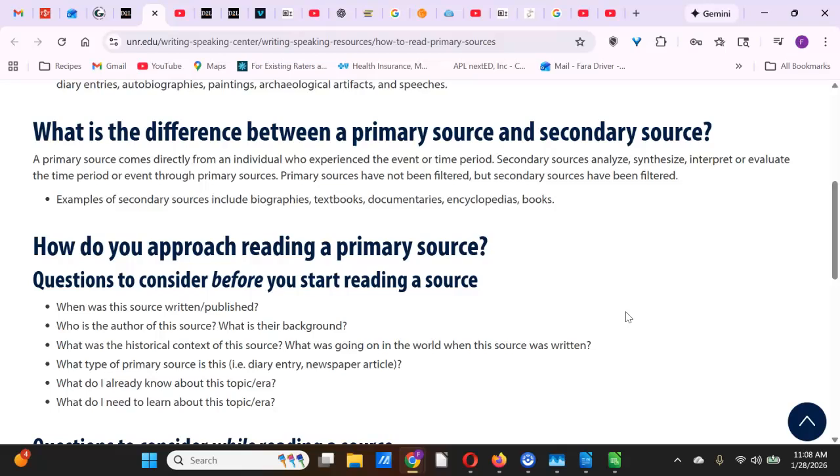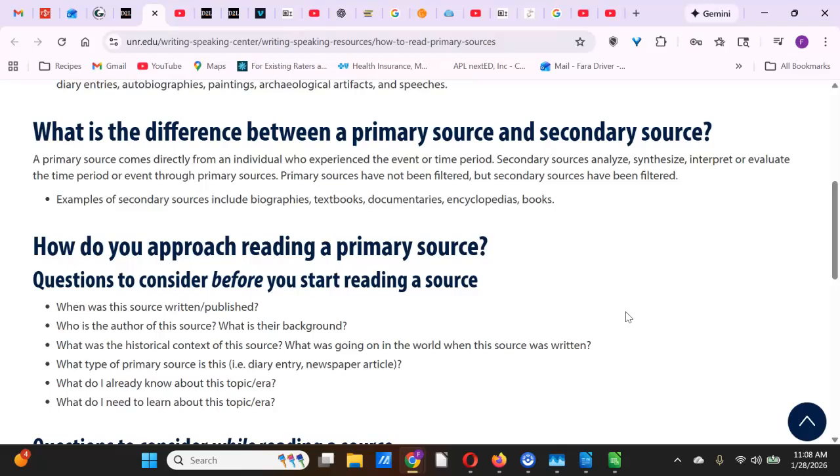The difference between a primary and a secondary source is that secondary sources analyze events from a future perspective. Or as it says here, a primary source comes directly from an individual who experienced the event or time period.